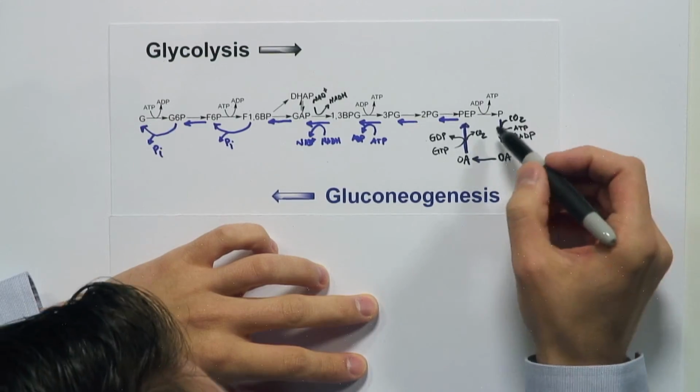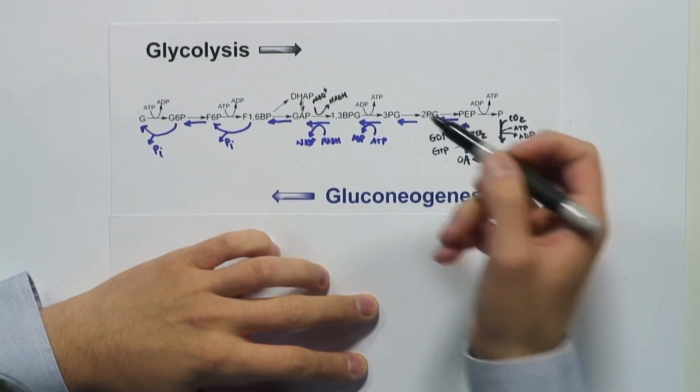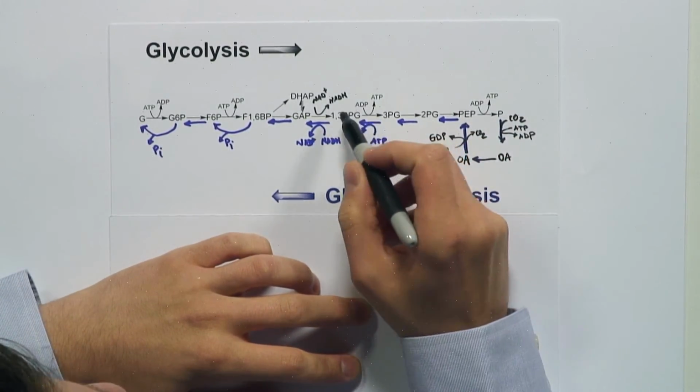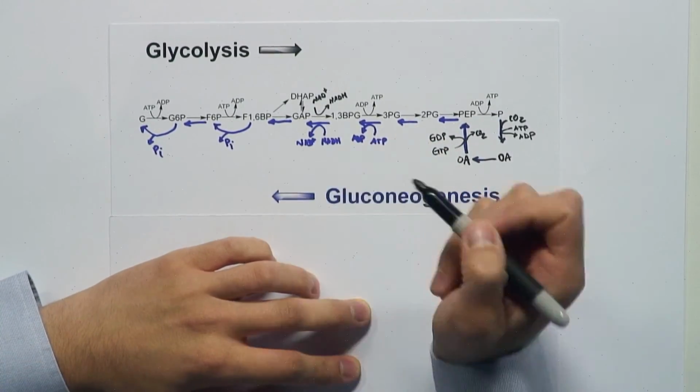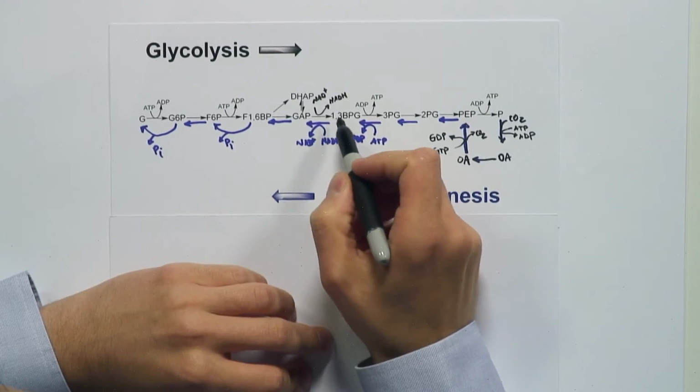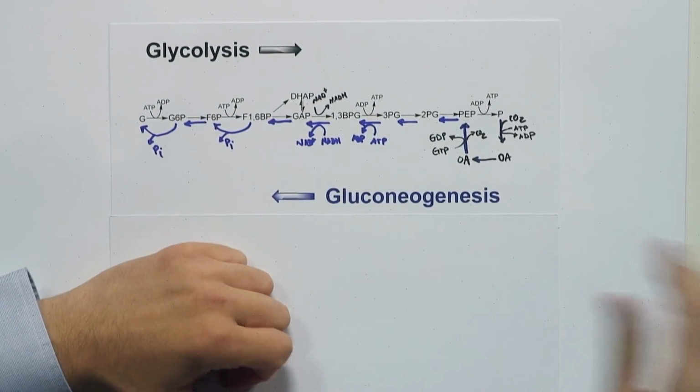Now, if you look at our diagram, we need ATP molecules to convert pyruvate to phosphoenolpyruvate, actually 2 of them, and then we're going to need more ATP here to form 1,3-bisphosphoglycerate, in addition to the redox cofactor NADH to run the GAP dehydrogenase reaction in reverse. So, given these considerations, gluconeogenesis is in fact spontaneous, but it's going to cost us several ATP equivalents, while glycolysis is spontaneous and generates ATP.